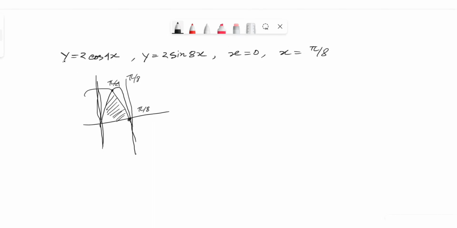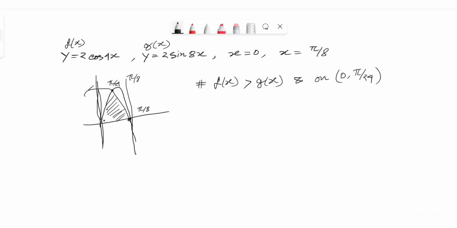For that, we need to observe one thing: if we consider this f of x and this one g of x, we can see this f of x, the cos function, is greater than g of x, the sine function, on the range 0 to pi by 24.